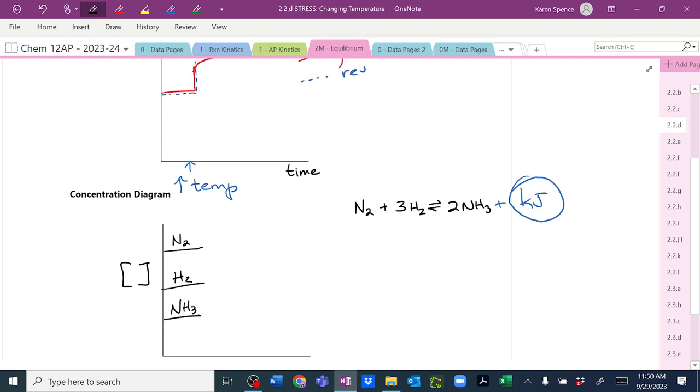Are we done with the second graph? Okay, what should happen to my N2?